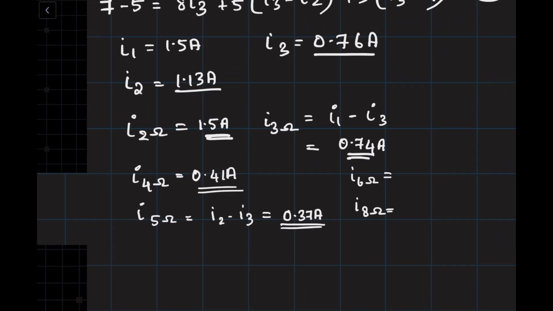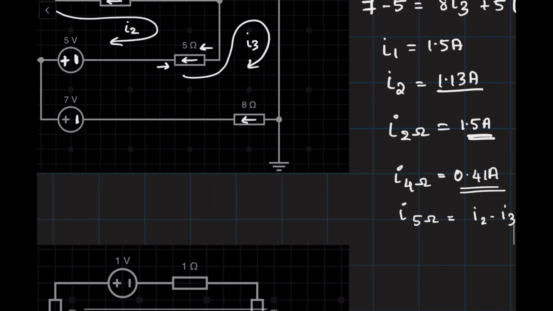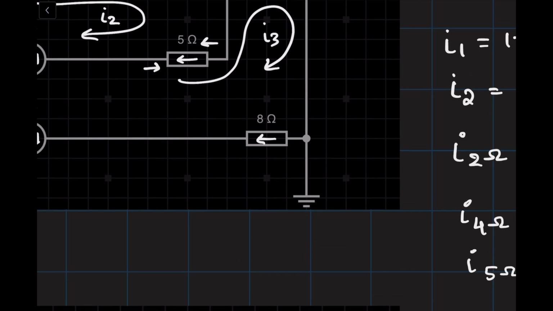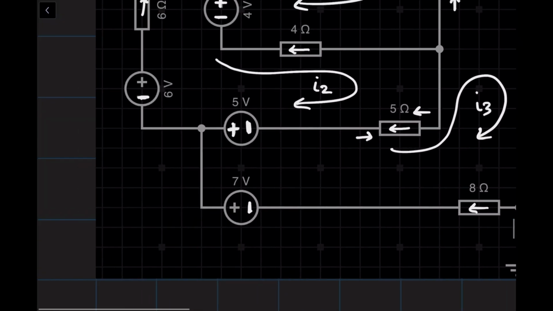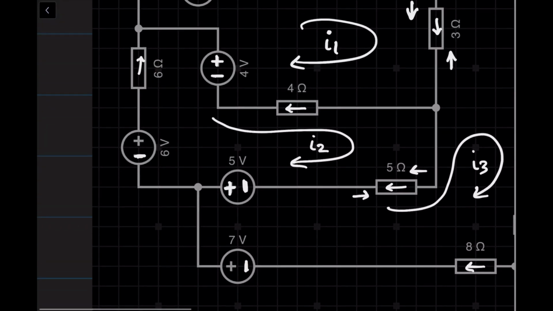Current flowing through 6 ohm will be 1.13 ampere itself, and current flowing through 8 ohm will be 0.76 ampere in the direction of I2 and I3 itself. That means current flowing through 8 ohm will be from right to left and current flowing through 6 ohm will be from bottom to top in the direction of I2.